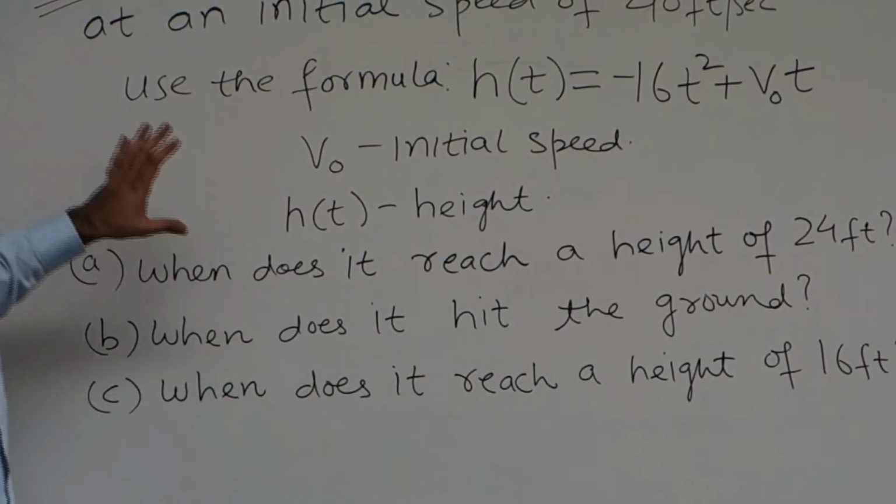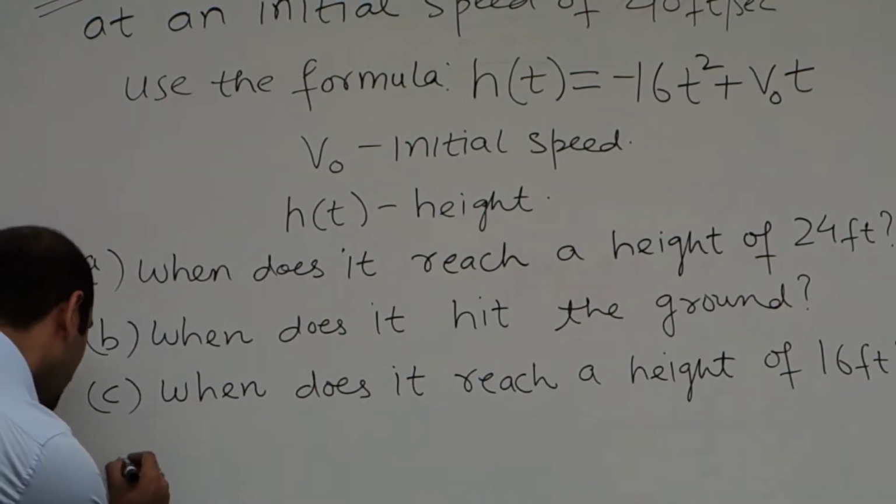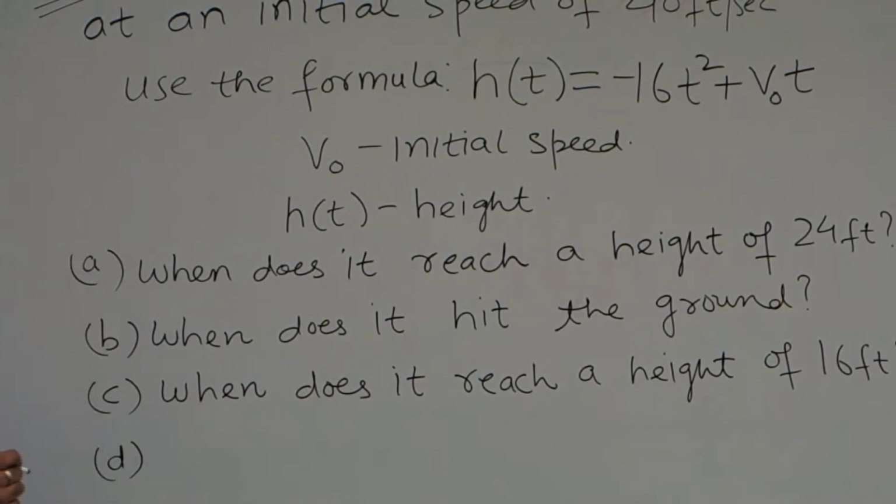So in the example there are only 3 parts, but we are going to add one more part to it, and that was the extra piece that I was talking about.